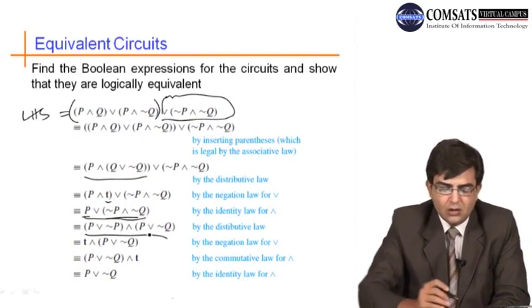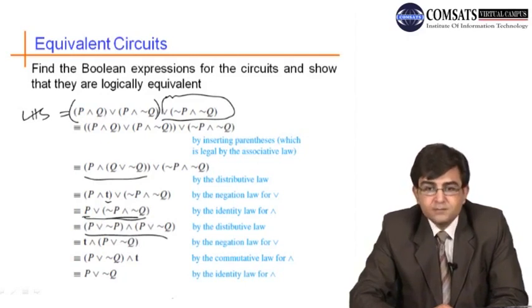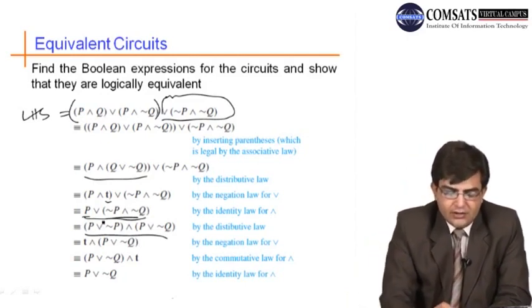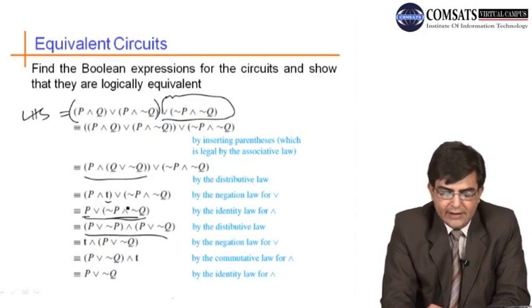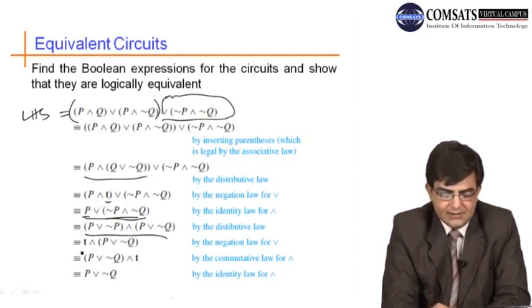So here we have P or (not P and not Q). We can use the distributive law here. We can write (P or not P) and (P or not Q). Here P or not P is a tautology by the negation law.